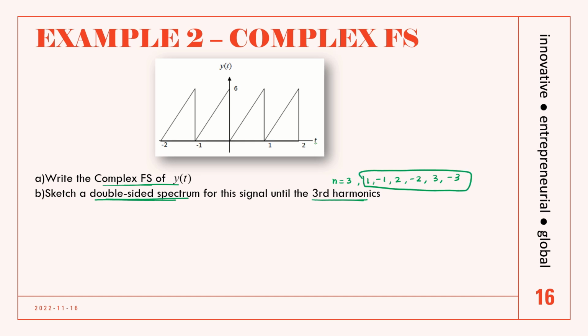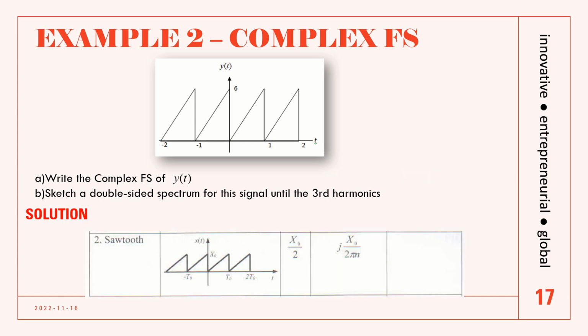Okay, so now let's try. The first step is you need to compare with the Fourier coefficient table. By looking at this graph, we can see that it is closest to a sawtooth. Once you have identified that, you need to know the value of x naught and t naught.